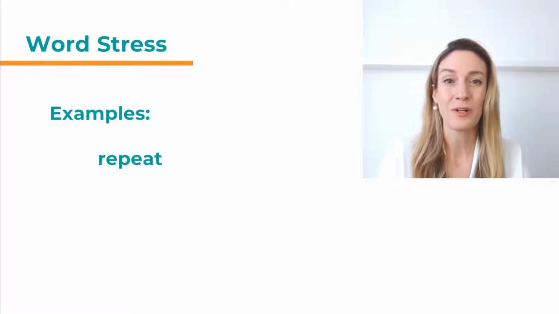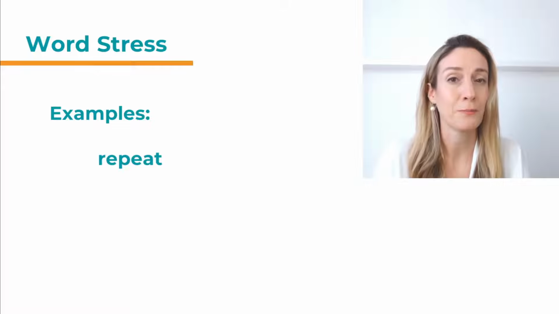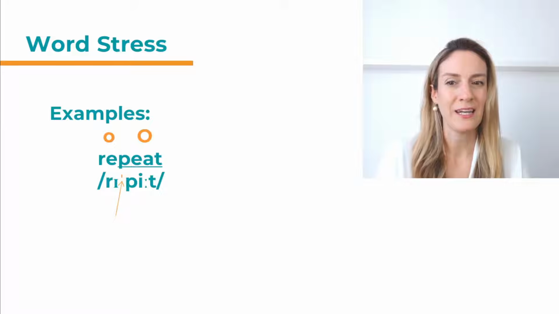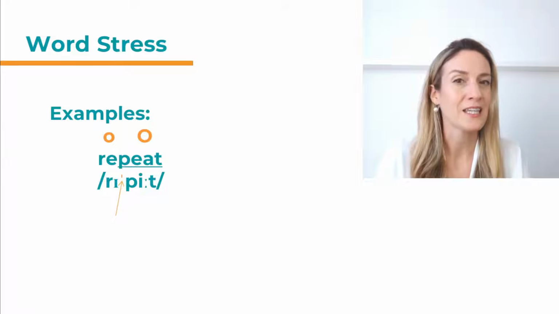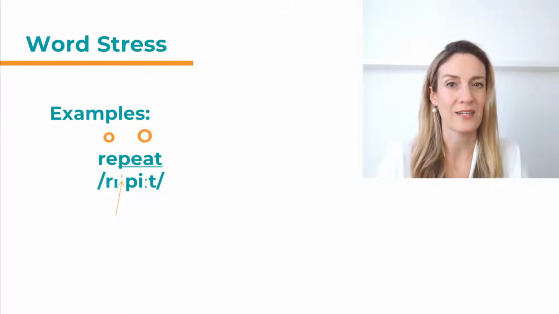Let's have a look at one more example. Here we have a verb, and the verb is repeat. Repeat. Again, I've given you the phonemic transcript, and you can see there are 2 syllables, re-peat, and the 2nd one is stressed.